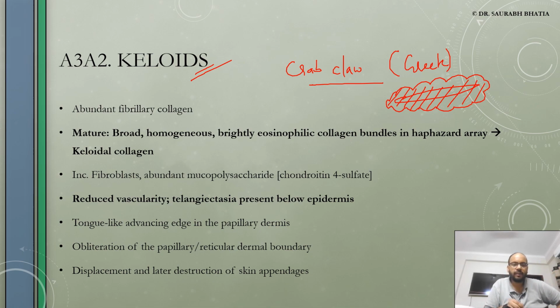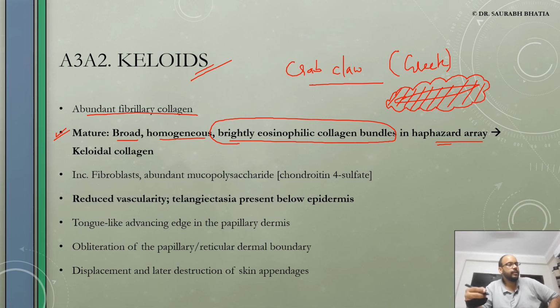In keloid, you have abundant fibrillary collagen. Abundant fibrillary collagen. And as the keloid matures, you have broad, homogeneous, brightly eosinophilic collagen bundles in a haphazard array. Remember, in hypertrophic collagen disorders, you will see haphazard arrangement of collagen.